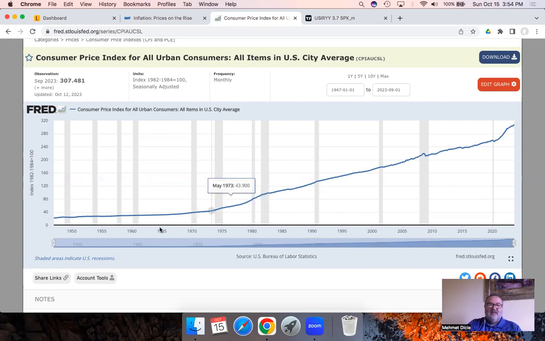So as you go back to 1947, the index was about 22, and then if you come to today, in September, you actually have an index of 307. So it gives you an idea of what it was in 1947 and what it is today in 2023, and how the prices of these goods have changed through time.